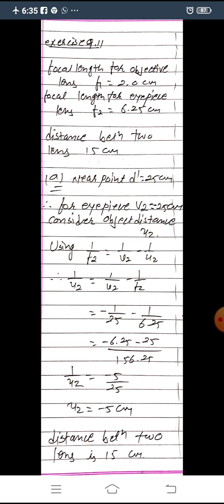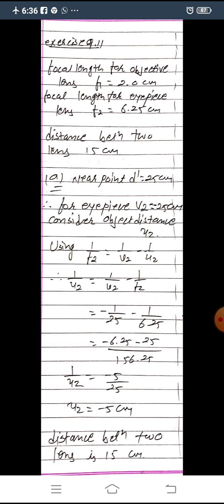Here there are two lenses, the objective and the eyepiece, and the distance between them is 15 centimeters. The question asks for what object distance the final image is formed at the near point.